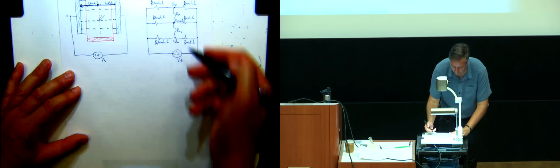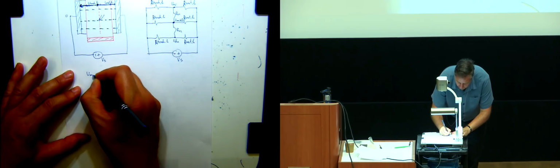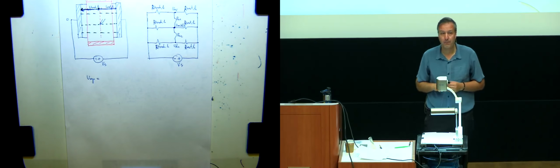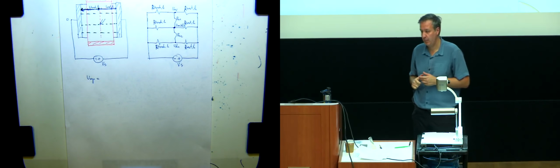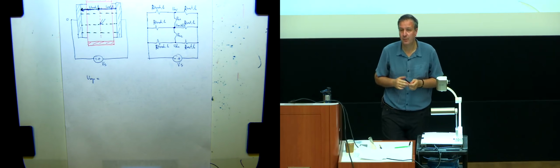So if it is the same circuit, what can we say about the voltage, the potentials? What is U up equal to? How are U up, U down, and U middle related?